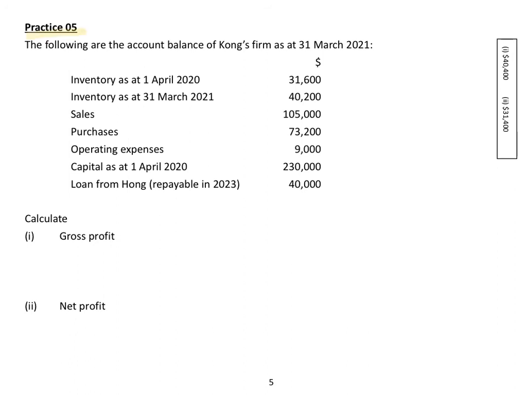For practice 5, you need to calculate the gross profit and the net profit. Just to remind you, certain items may not be used in the calculation of part 1 and part 2. The hint is that you need to find 2 items that are irrelevant.